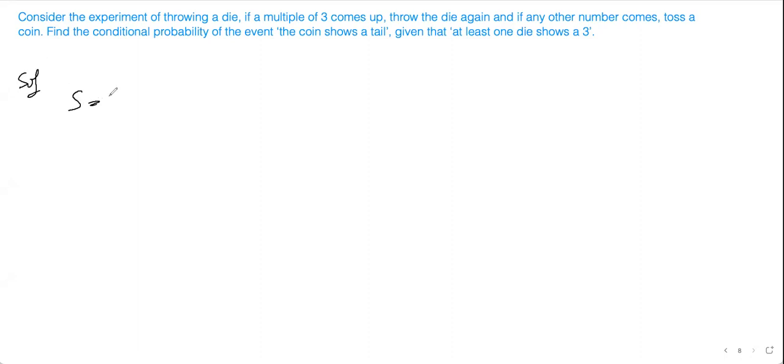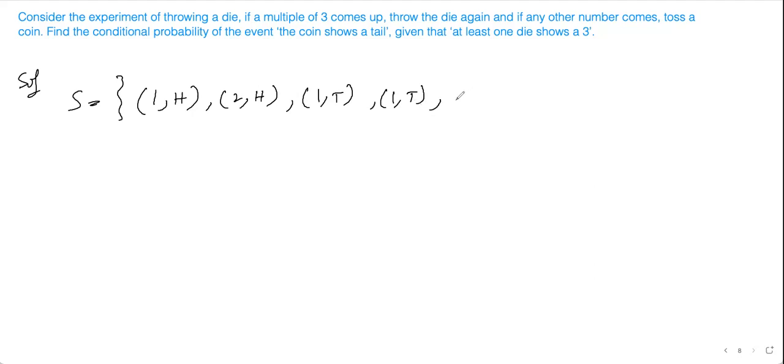So S, that is again 1 comma H, right, and 2 comma H, and 1 comma T, head and tail, right.